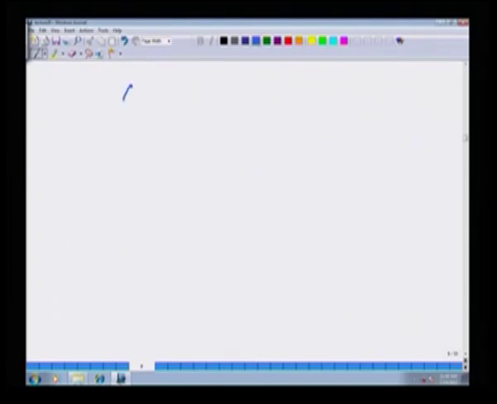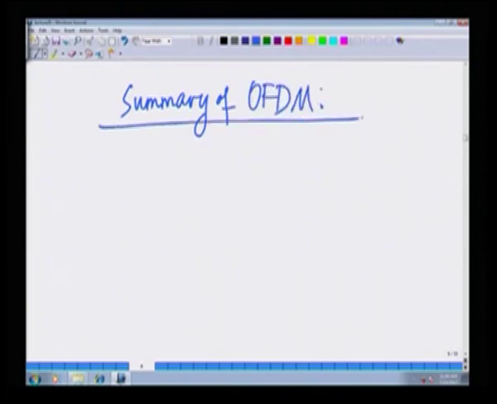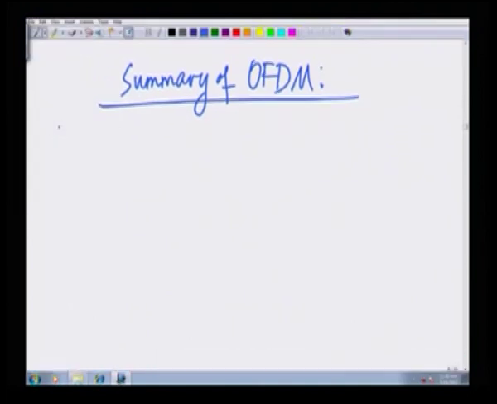So, now let us look at the summary of the OFDM modules, that is summary of what we have seen in OFDM so far.